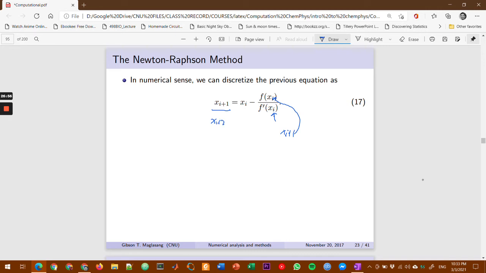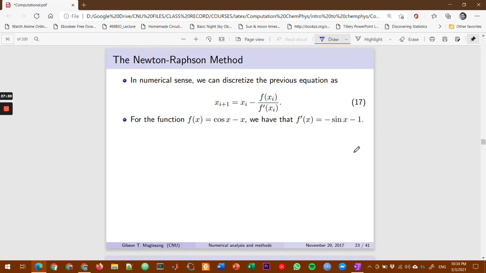Substitute that and you will get x sub i plus 3, and so on, until you get the value of x. To stop, you take x sub i plus 1 minus x sub i, and if the error is less than epsilon, then that's good. Your result is accurate, and you quit the loop and print the result.